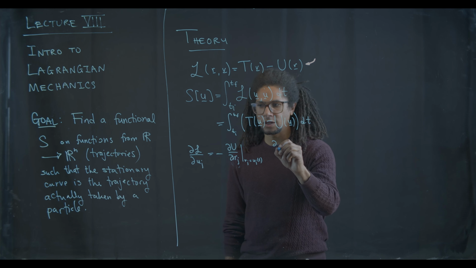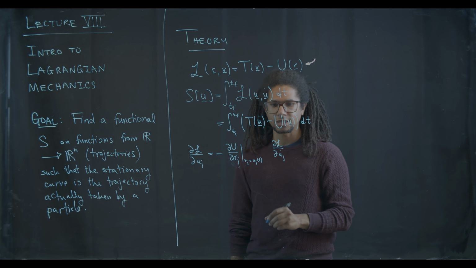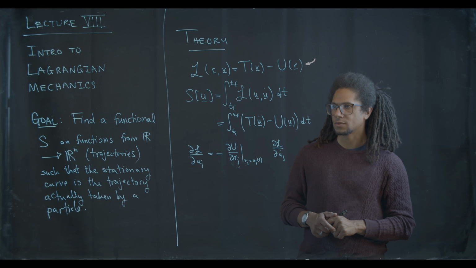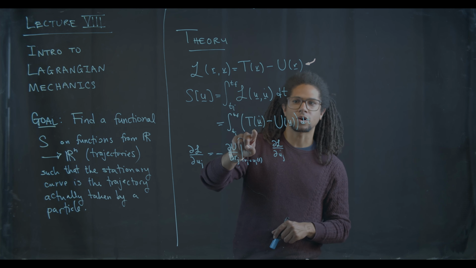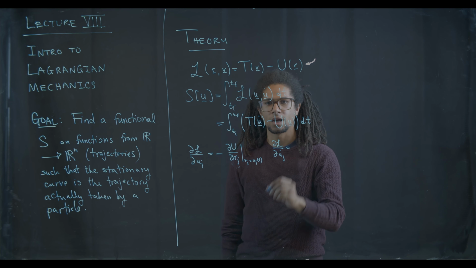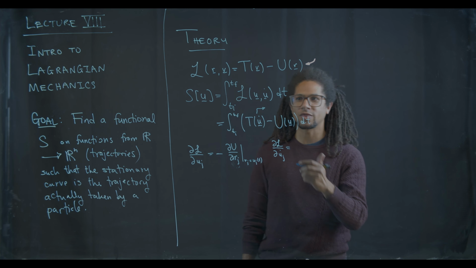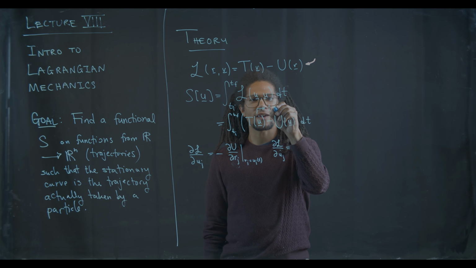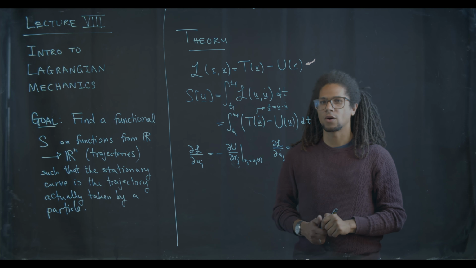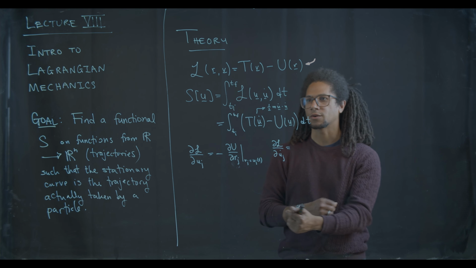Next, we need to do the derivative with respect to u_j dot. Good. Well, in this case, we just are taking the derivative with respect to this kinetic energy part. Now, for a system written in Cartesian coordinates, we actually even know what this object is. It's 1/2 m u dot dot u dot. Okay, so now let's write that form in here.